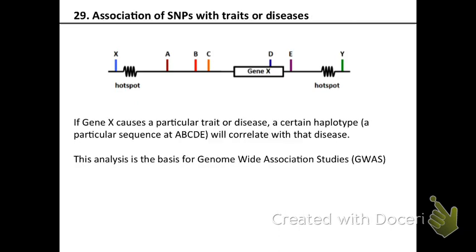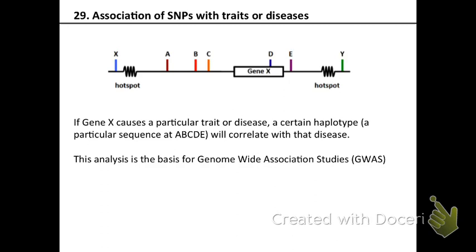All right. So if a gene X causes a particular trait or disease, then a certain haplotype, basically a particular sequence at A, B, C, D, E, will correlate with that disease. What that means is that, for example, if there is a mutation of gene X here, that sequence is always going to be linked to the particular sequences at the A, B, C, D, E SNPs that correlate with this disease.